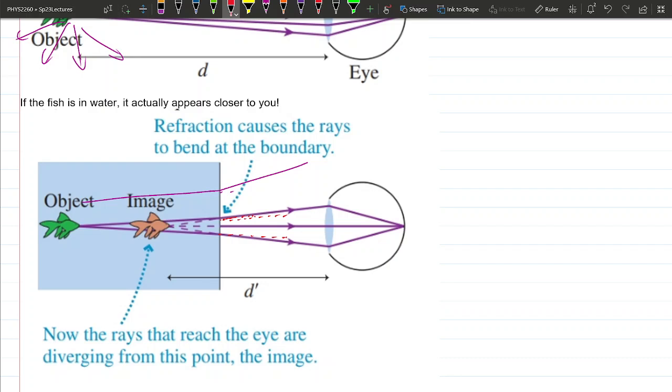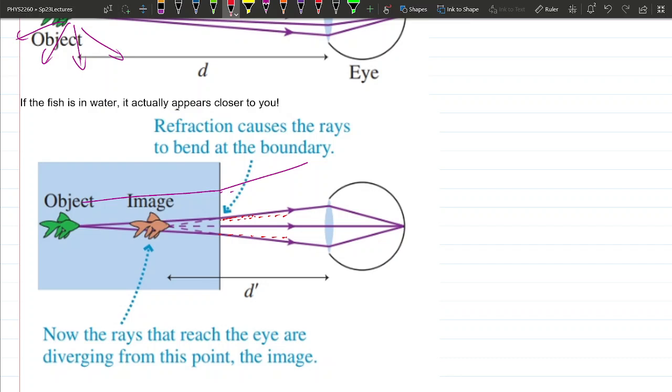What happens is that it goes out at a bigger angle, hits your eye and then comes back in like this. From your eyeball's point of view, the top and bottom of your lens, instead of tracing back to the original object, actually trace back to a different spot.